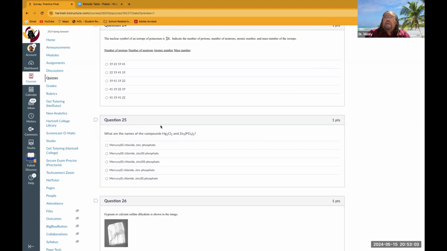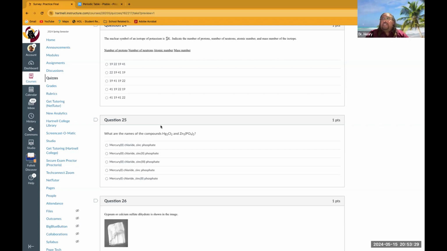Okay, number 24. The nuclear symbol of the isotope potassium is 41 19 K. Indicate the number of protons, number of neutrons, the atomic number, and the mass number of the isotope. Okay, so number of protons first.